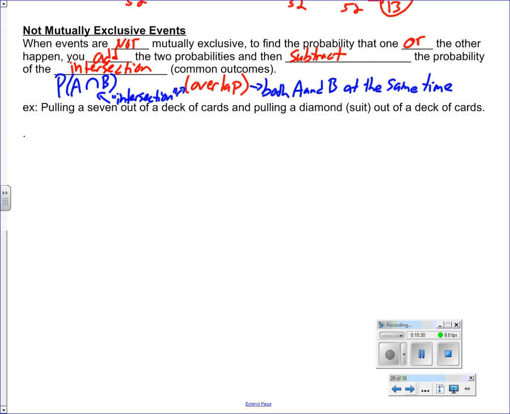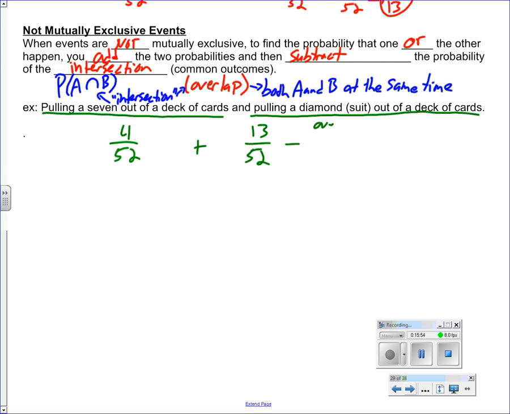So we're going to use our example of the overlapping events from above. We're pulling a 7 out of a deck of cards, pulling a diamond out of a deck of cards. For sevens, there are 4 sevens in the deck of 52. For diamonds, there are 13 in the deck of 52. And there's overlap.